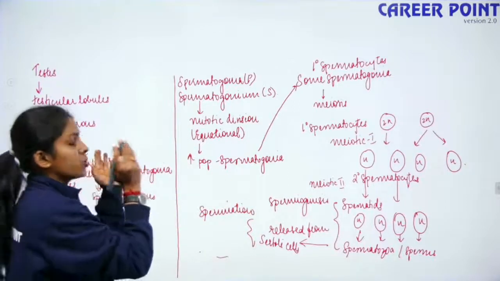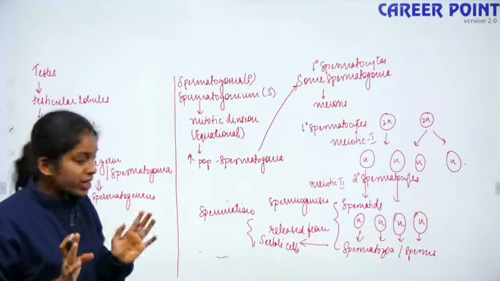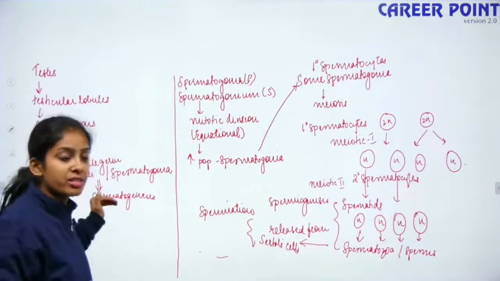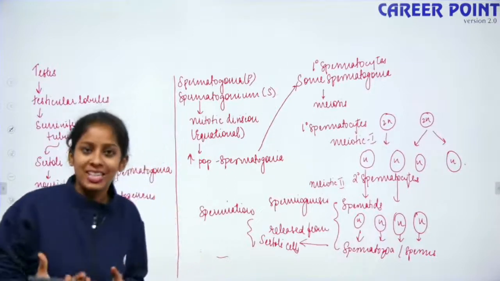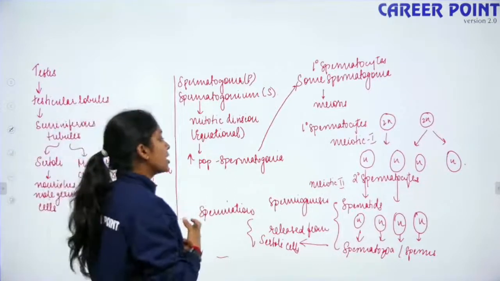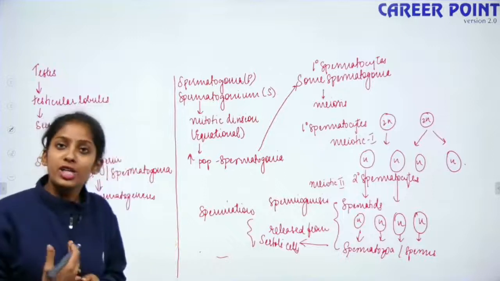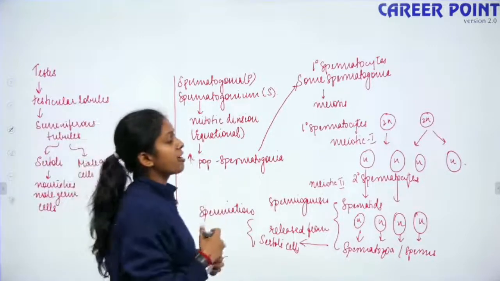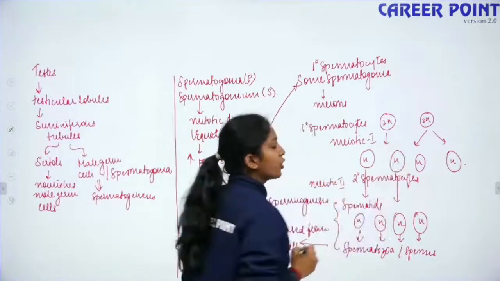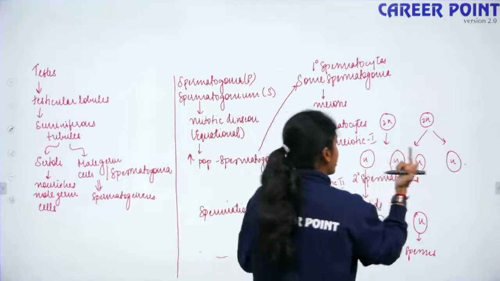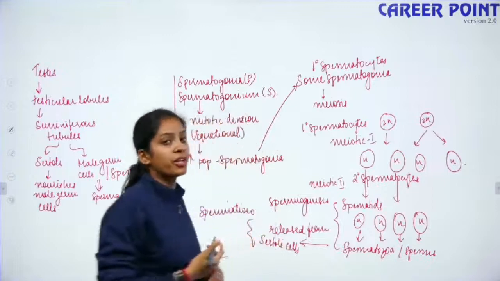So spermatogonia is plural, spermatogonium is singular, and they come from the seminiferous tubules. They undergo mitotic division to increase the cell population. Among that, a group of cells are willing to undergo meiosis. They form your primary spermatocytes. One primary spermatocyte, when it undergoes the first meiotic division, gives you two haploid secondary spermatocytes.